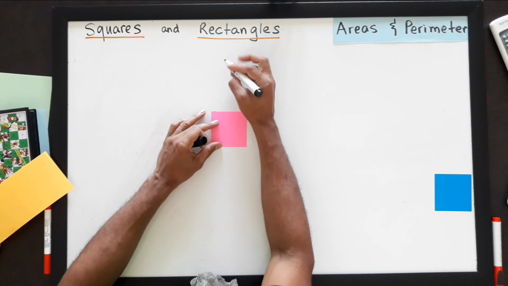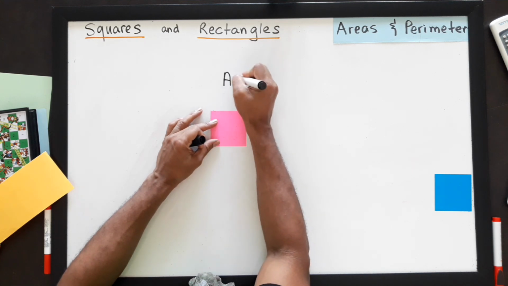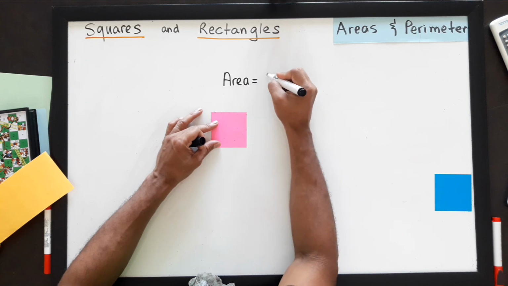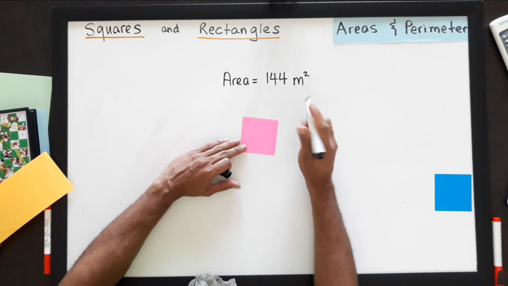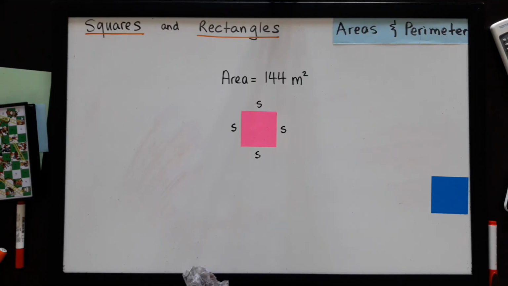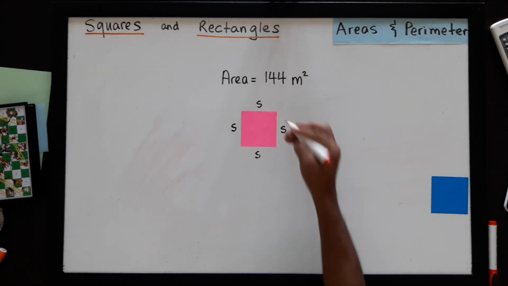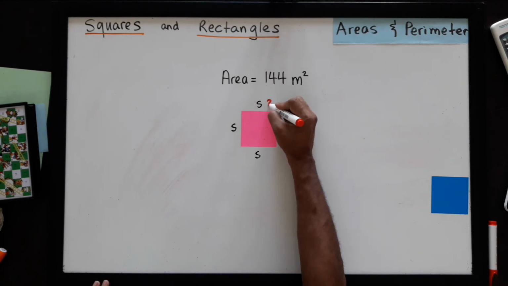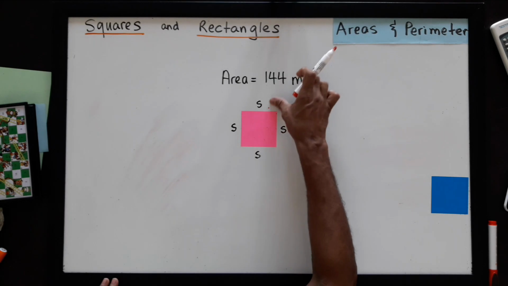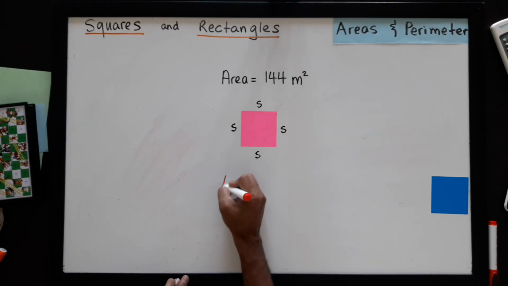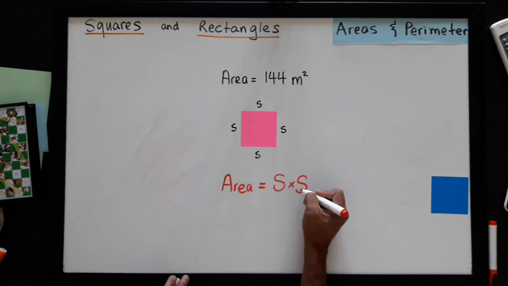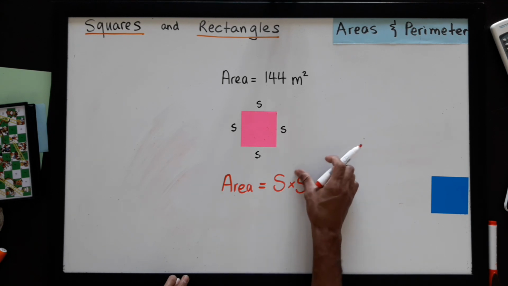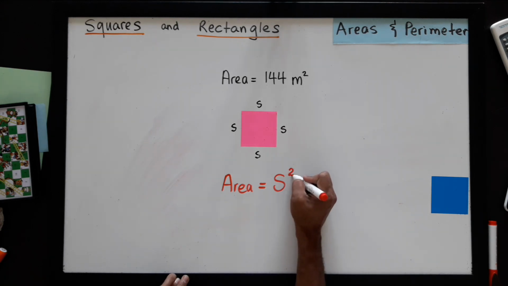Let's say that I had a square and I told you the area of the square was 144, let's use meters this time, meters squared. So we've been given the area of this square, and we are asked to find the length of one side of this square. Now, this is a primary school question. Area of a square is side multiplied by side, which is side squared.